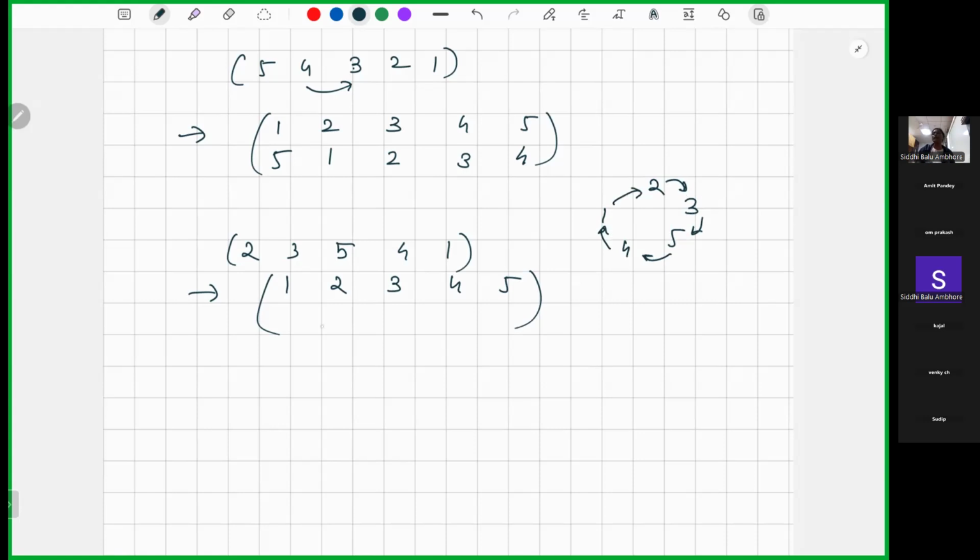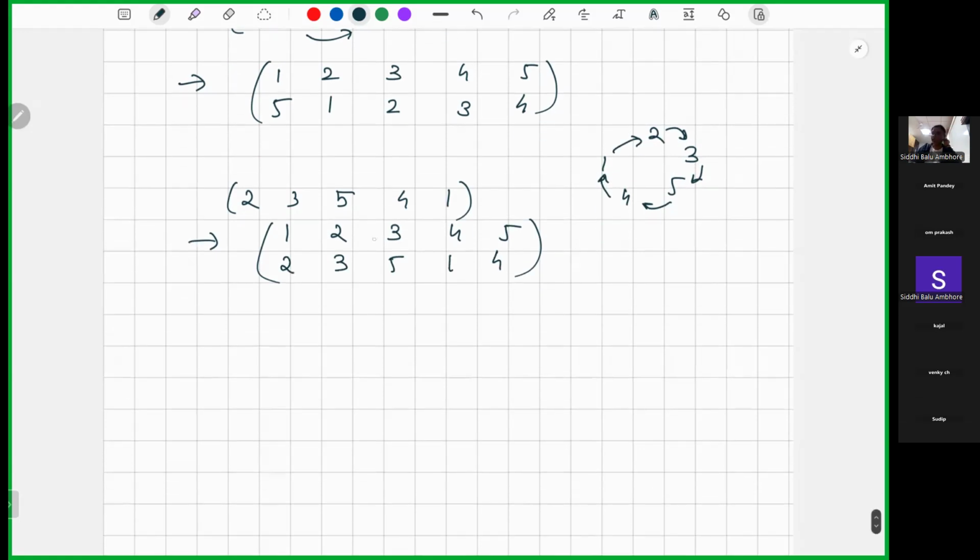What does this mean in long form? Where does my 1 go here? To 2. Where does 2 go? 3. 3 goes to 5. 4 goes to 1. 5 goes to 4. Is this okay?